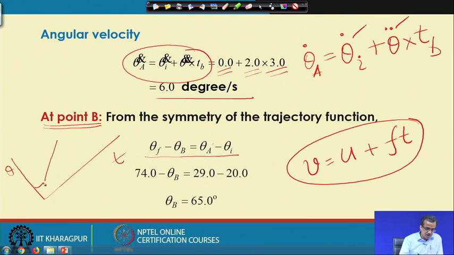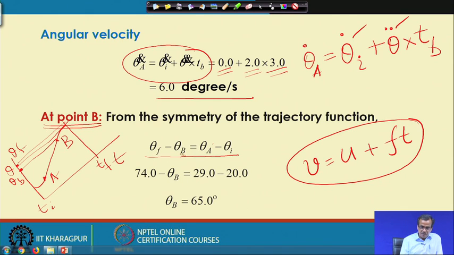Here we have the parabolic blend, and here also we have a parabolic blend. This is T f and this is T I. Theta f is the finishing point and the blend portion starts here. So, this is point B, this is point A, this corresponds to theta b, and this is theta f.